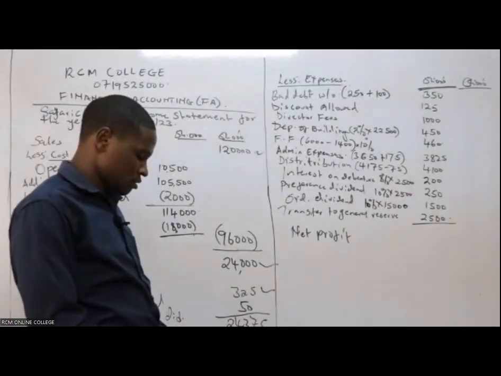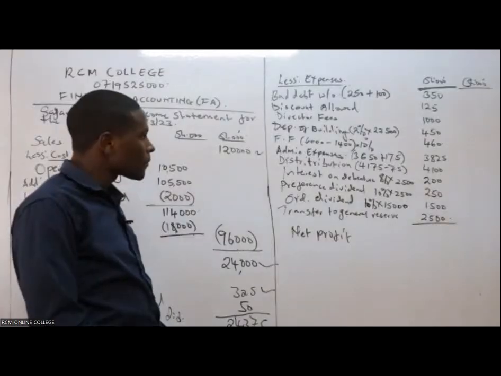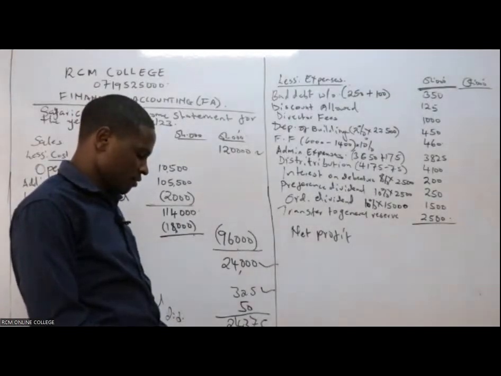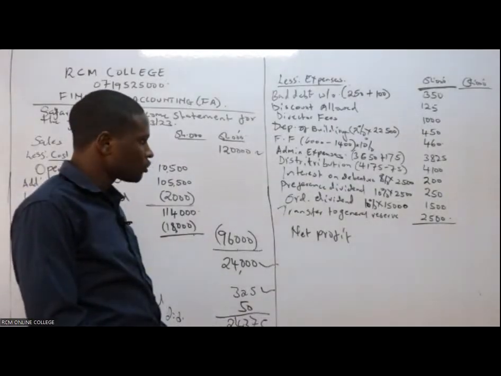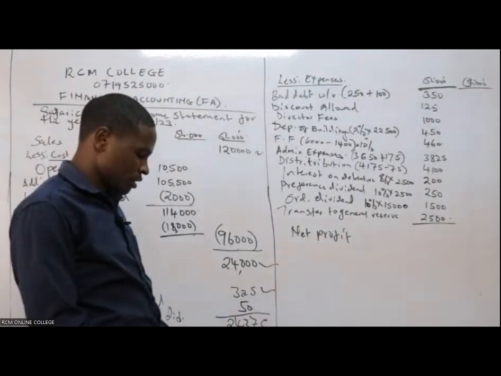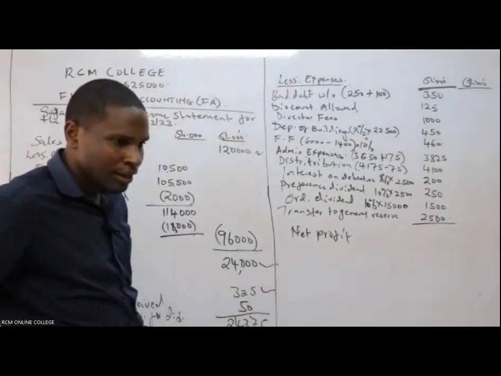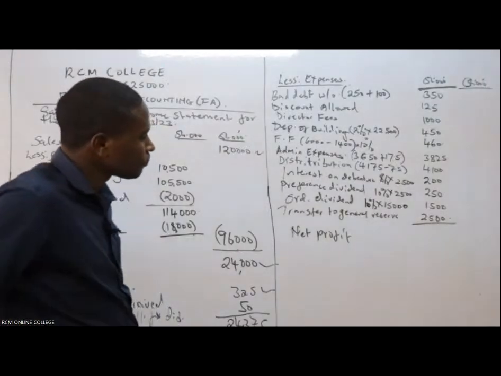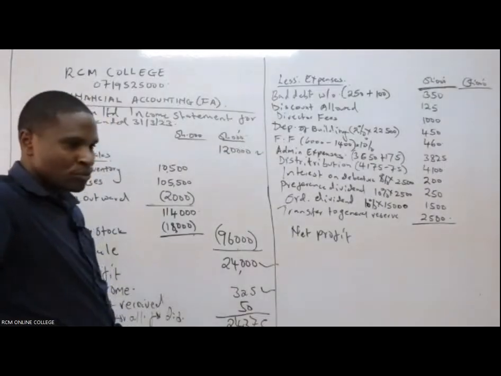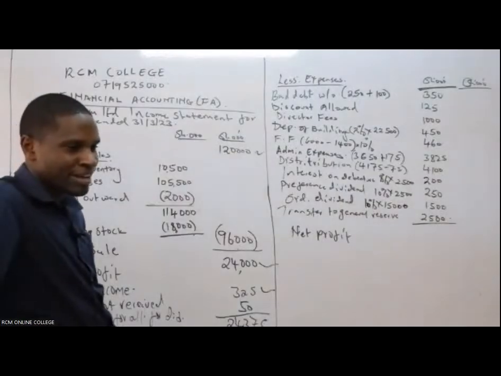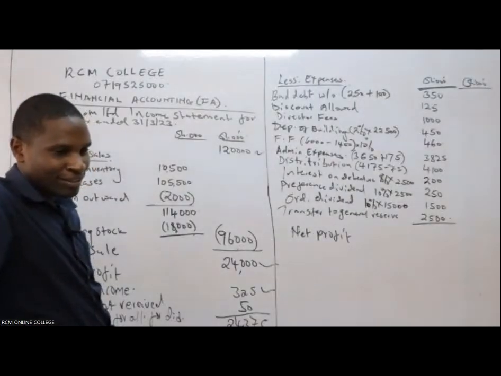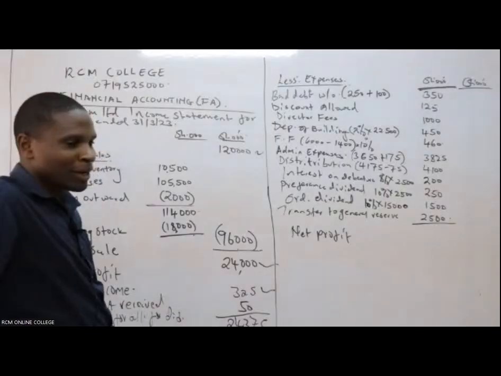Plus 460 plus 450 plus 3825 plus 4100 plus 200 plus 250 to go almost there, plus 1,500 which we were leaving out, plus 2,500. I'm getting 15 to 10. Now you people, you are not giving me your figure. Do you see our time? We have about 5 minutes. What are you getting from your end?